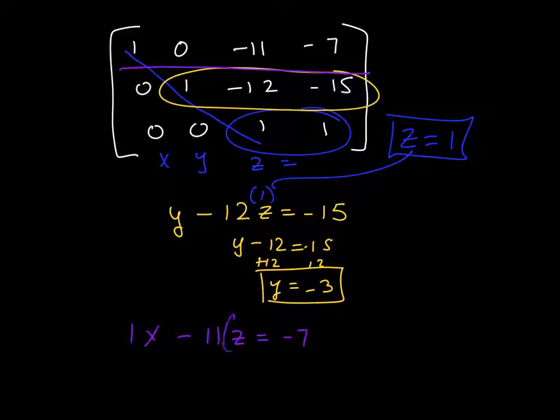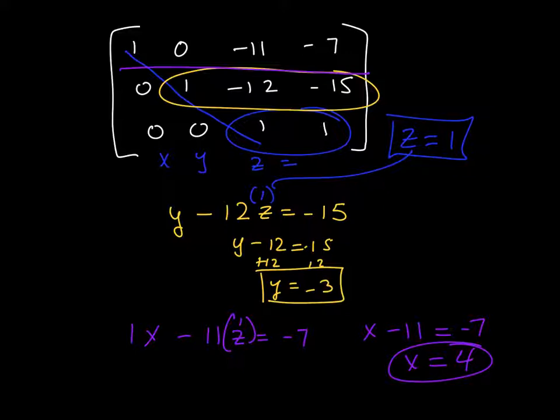And again, remember that z is just equal to 1. So I have x minus 11 is equal to negative 7, or x is just equal to 4.